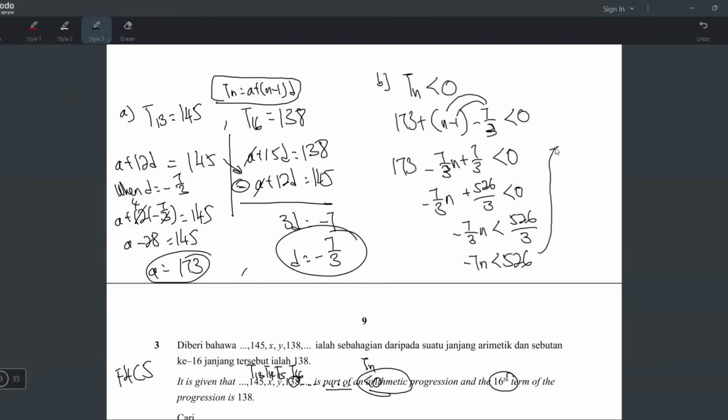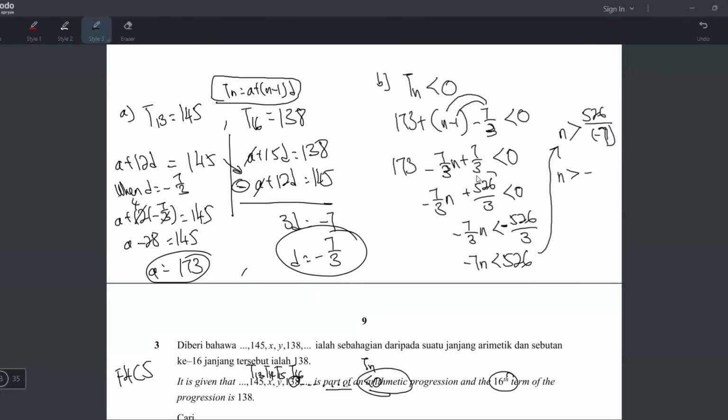So now you can find n. 526 divided by negative 7. So it will look like this, 526 over negative 7. And wait, when you divide by a negative, this symbol has to be flipped. So the smaller now becomes bigger, the n is bigger. But wait, I feel like I did something wrong. 526/3 moves over and becomes negative.